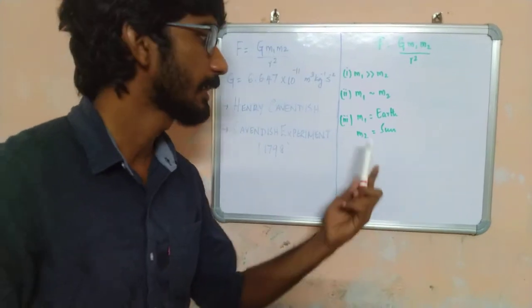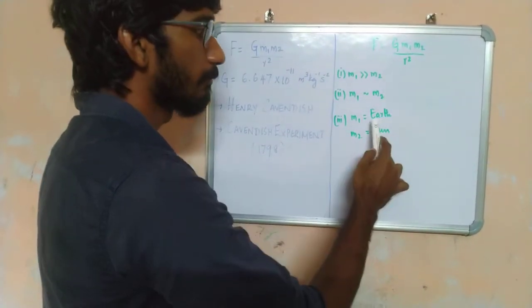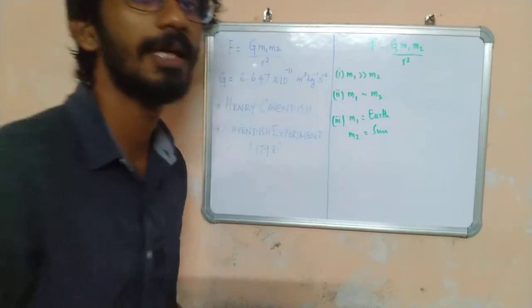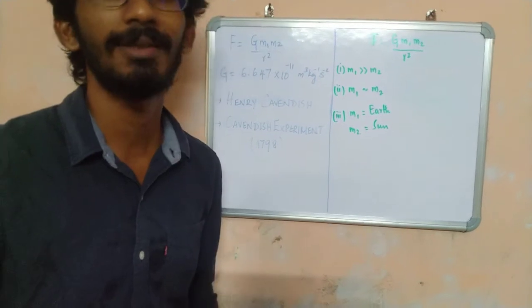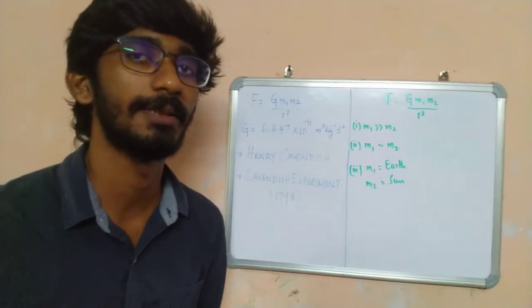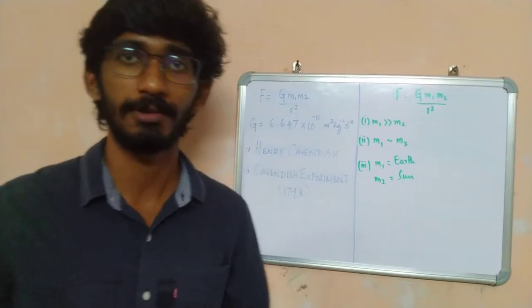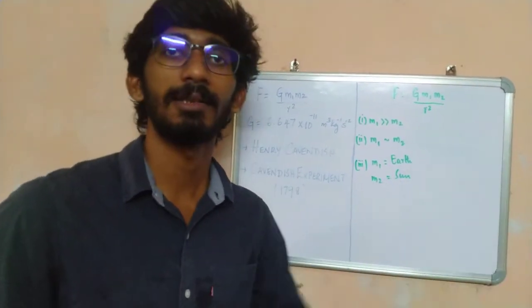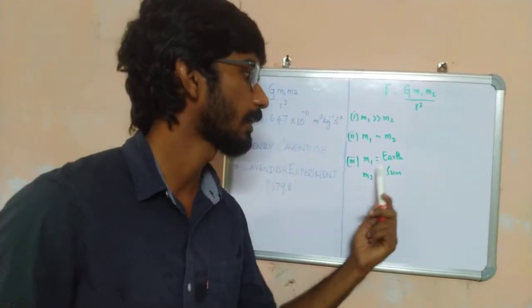And finally, let's consider something of our scale. Let the mass m1 be our Earth while m2 be our Sun. I know the Sun is so huge compared to the Earth, but still the Earth has its own mass. So what happens in such cases is that they form planetary systems. Our solar system has 8 such planets, which go around our Sun.